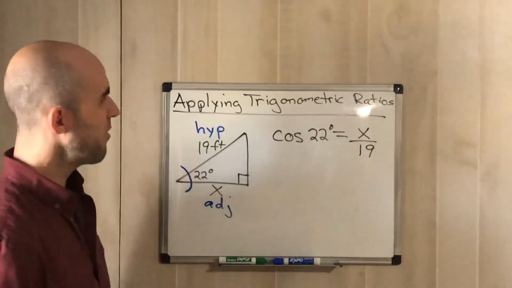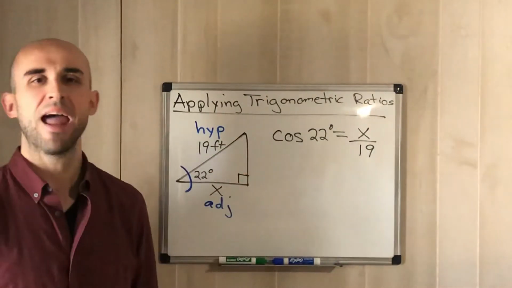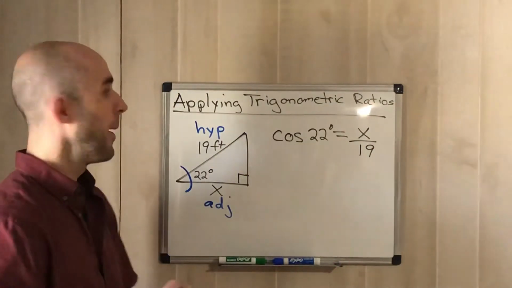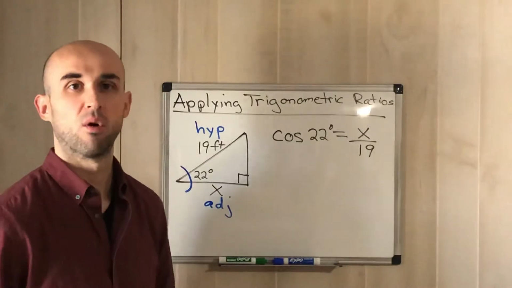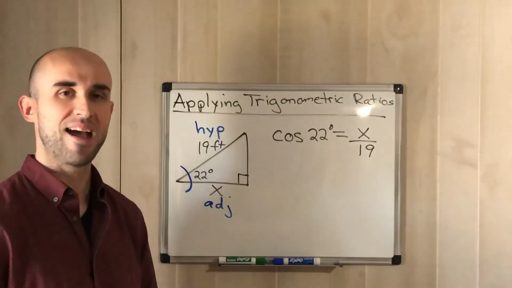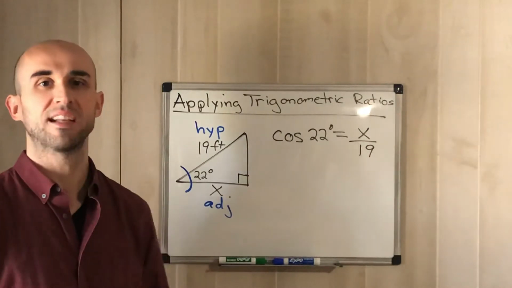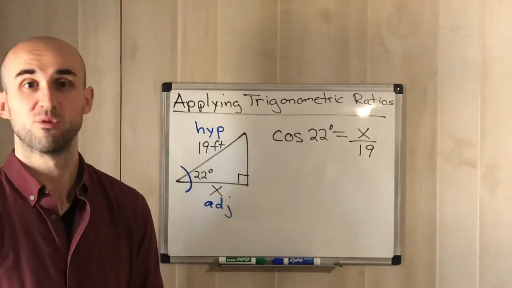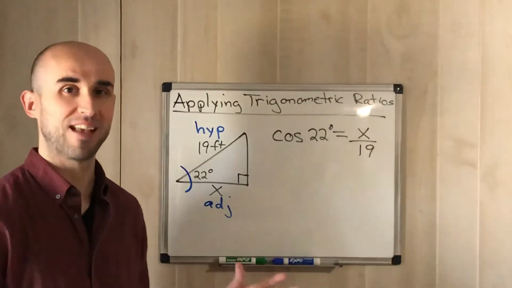So now we've set it up. Now how do we solve this? In class, I'm going to show you guys, but on your phones or on your calculators, guys, you have an option that has sine, cosine, and tangent. You may not have used those buttons ever, but they're there for this exact reason.